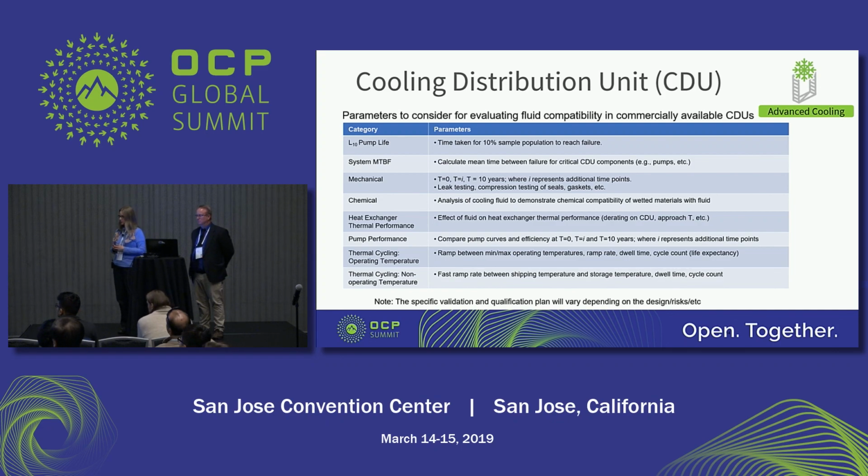Chemical, again, the material compatibility to all the wetted materials. So you need to work in close collaboration with the CDU suppliers in order to understand exactly what type of material has been used in the CDU. Again, it's essential to have material compatibility between the cooling fluid and all the wetted materials in the loop. You need to understand the heat exchanger thermal performance, right?